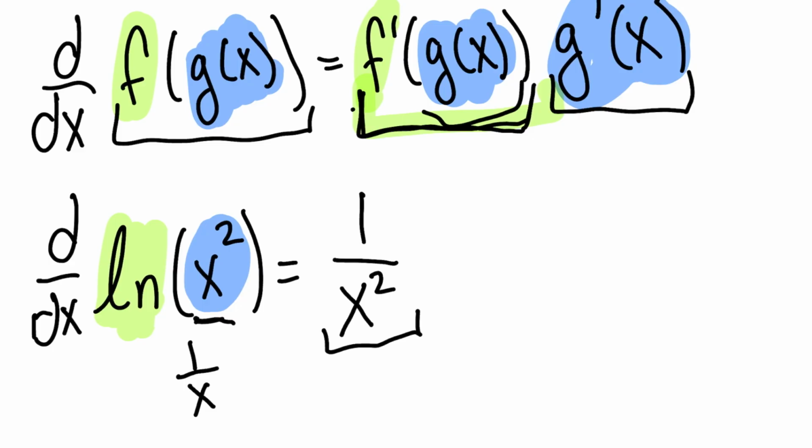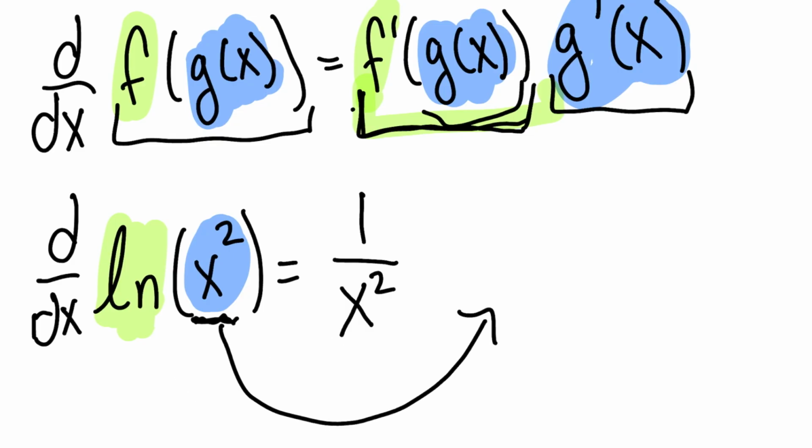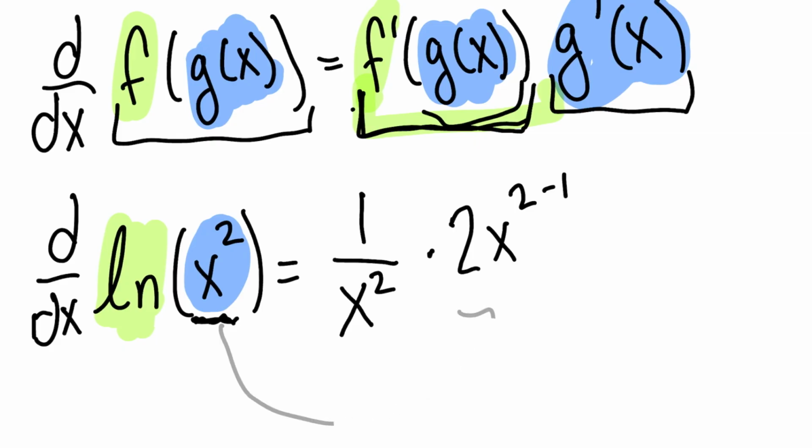But because we have an x squared inside, we make it x squared. Then we multiply by the derivative of the inside function. And what we're going to get is 2x to the 2 minus 1 because of our power rule. And we can simplify this by just making this 1.